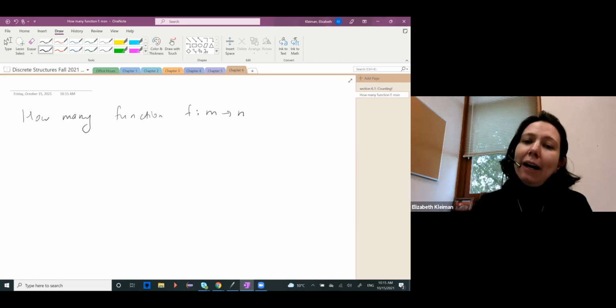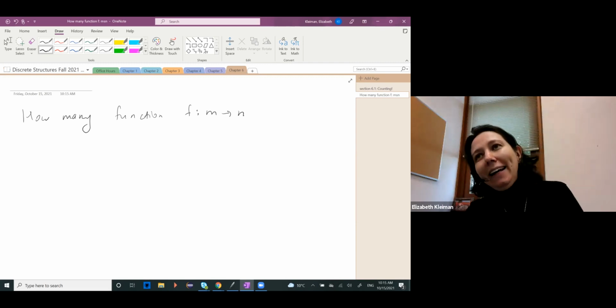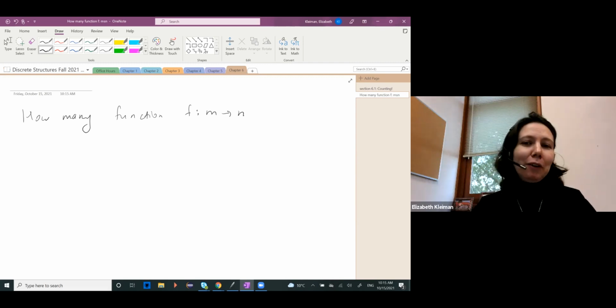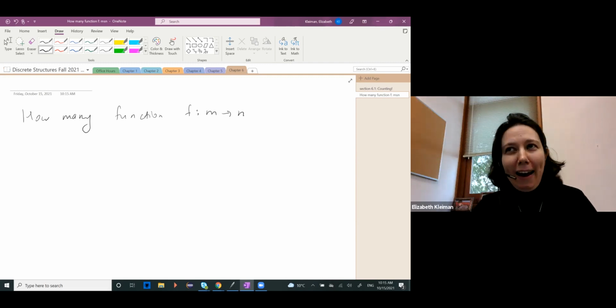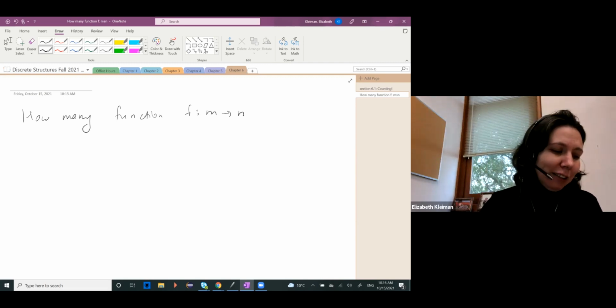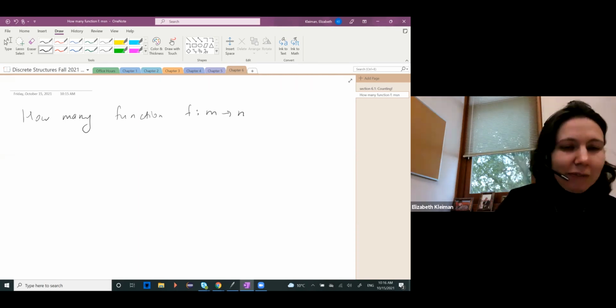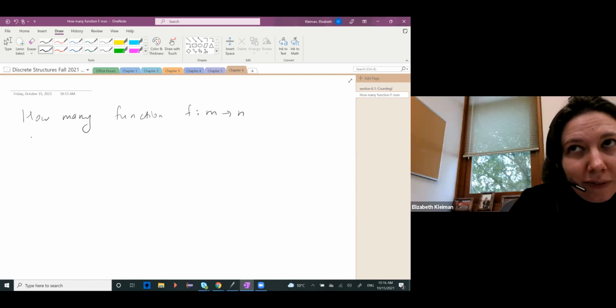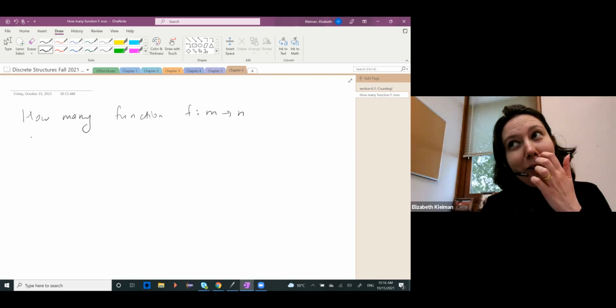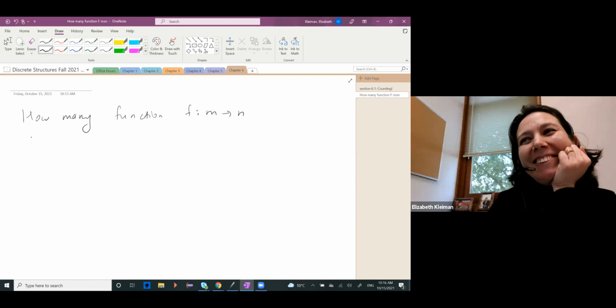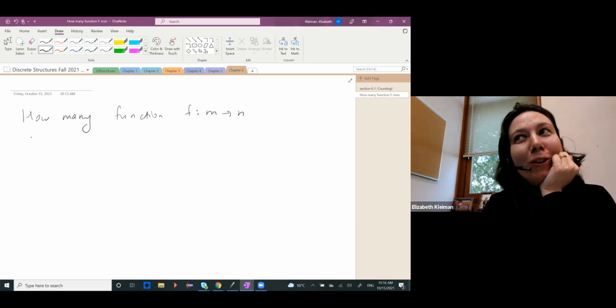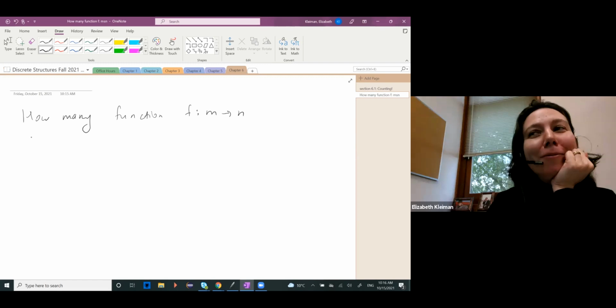So I have m elements in the domain, n elements in the codomain. Yes, people are going to think m n, correct? Or not? It is still product rule, but you have to think about it.